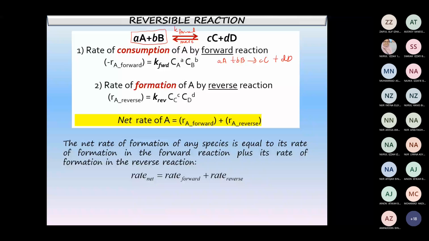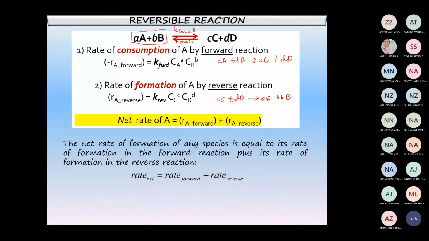From there we have another one, the formation of A by the reverse reaction. Now we have C plus D becoming A plus B. This is actually the reverse reaction. I show it so you understand that from the product it goes back to reactant. This one we consider as k reverse.